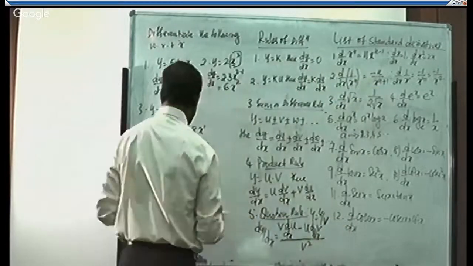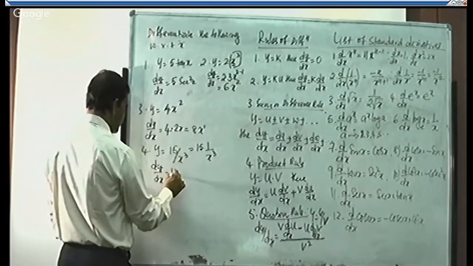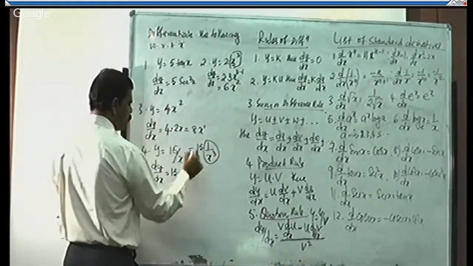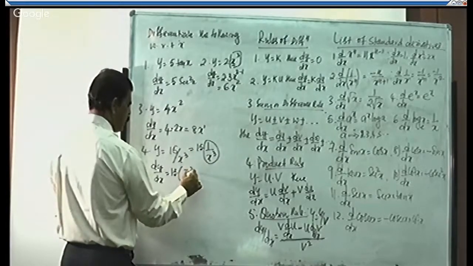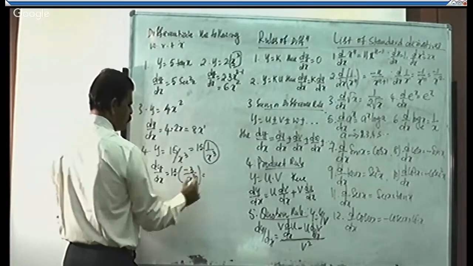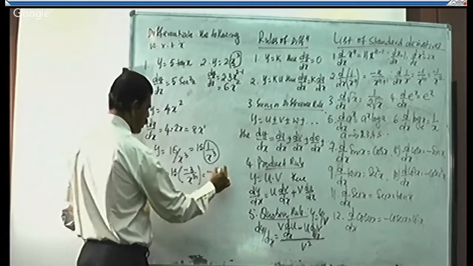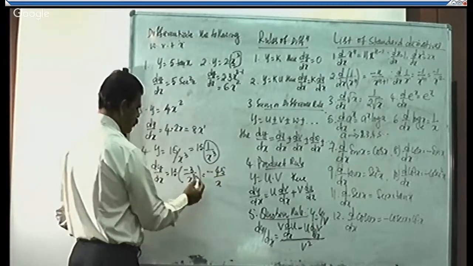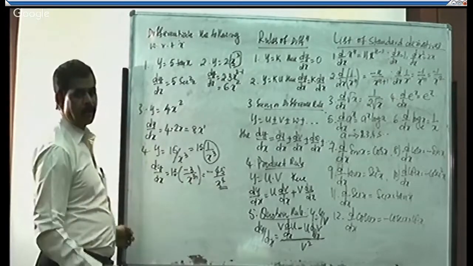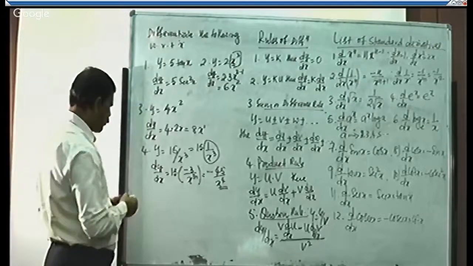According to that rule, dy by dx is equal to, keep 15 as it is because it is a constant, and the derivative of the variable is minus n, where n is 3, divided by x to the power of 3 plus 1. Now minus 3 is multiplied with 15. It is minus 45 divided by x to the power of 3 plus 1, which is 4. Differentiation of 1 by x to the power of n is minus n divided by x to the power of n plus 1.